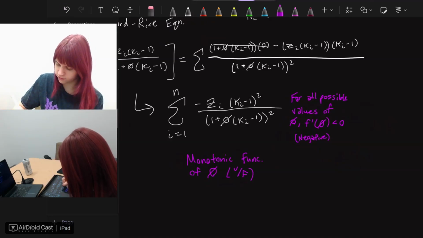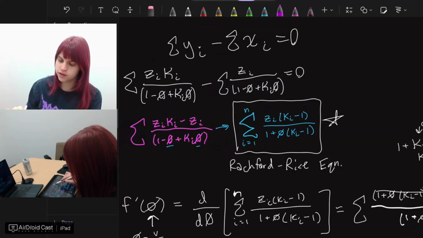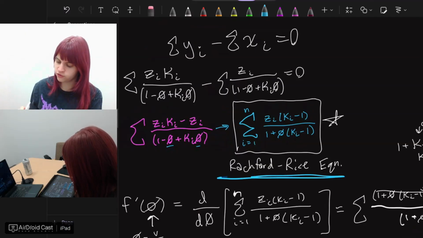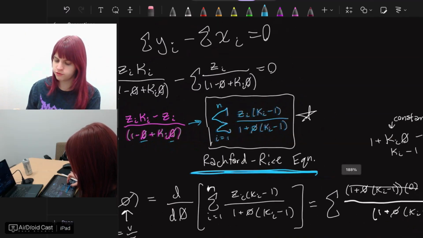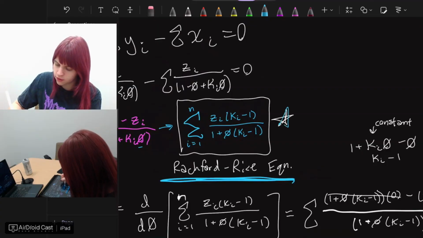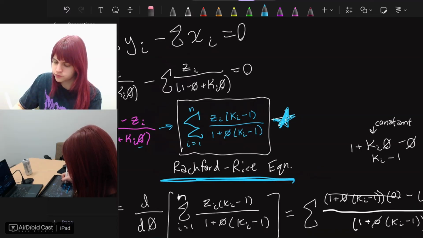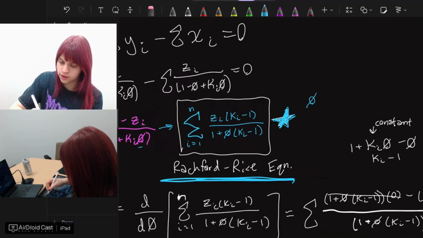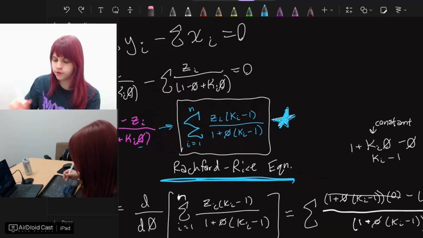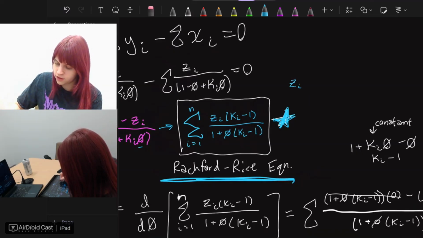And the benefit of this Rachford-Rice equation is that if we solve for the root of this starred equation, we can solve for phi. We could also solve for any of the compositions, so any of these three.